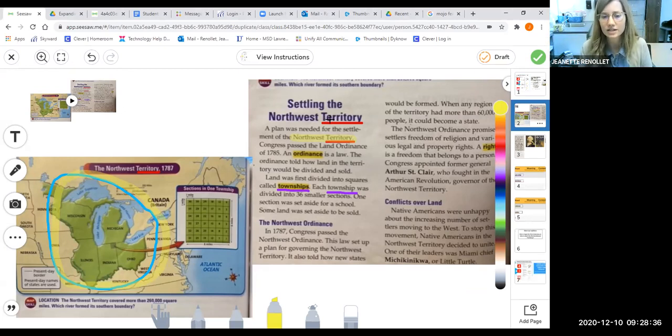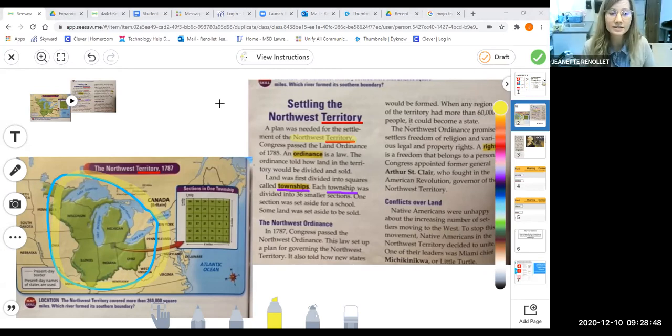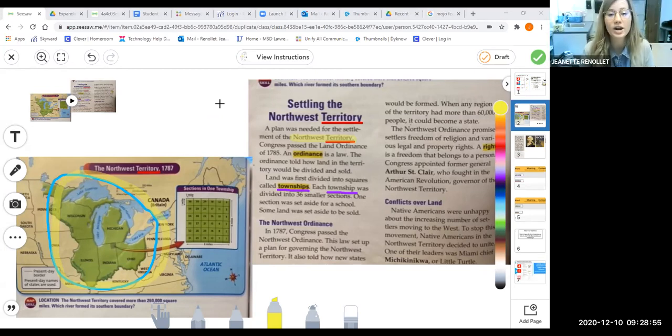Landon, I see you're ready to share. What do we need to know about our text today? What is the word called with the O again? The ordinance? The ordinance is a law. Okay, so remember we talked about when the founders, when the colonists started building their community called the colonies?